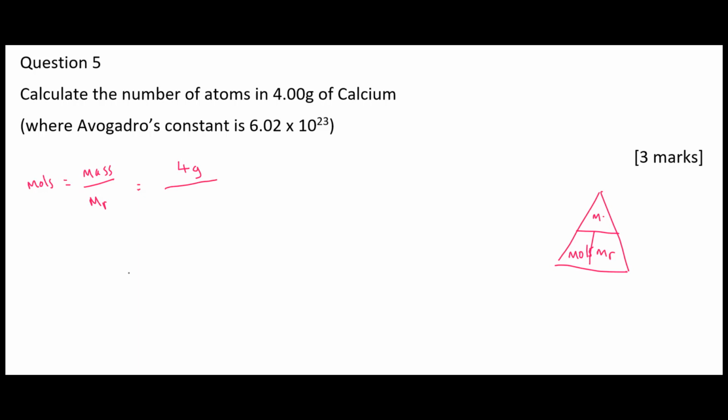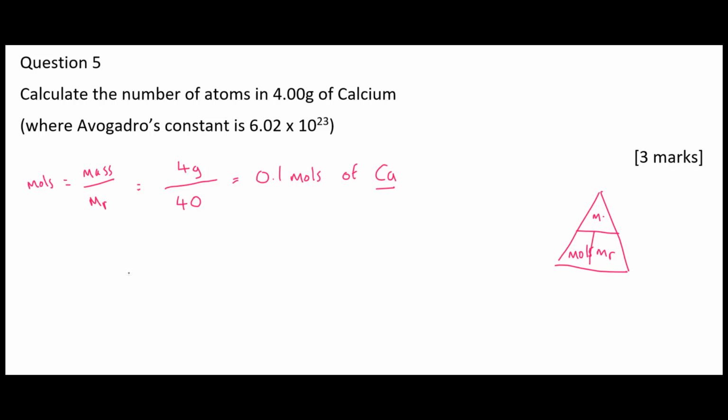And the mR of calcium, if you look in the periodic table, you'll see that there are two numbers. And it's the larger number which gives us the mass of calcium, which would be 40. So 4 divided by 40 gives us 0.1 moles of calcium.